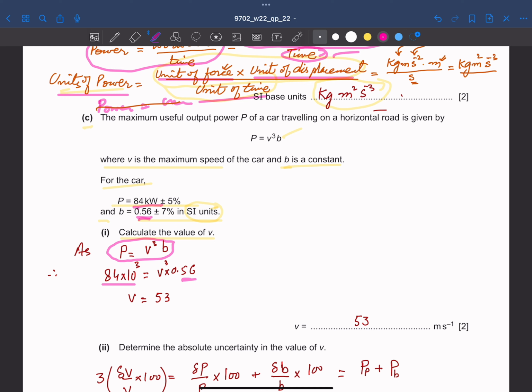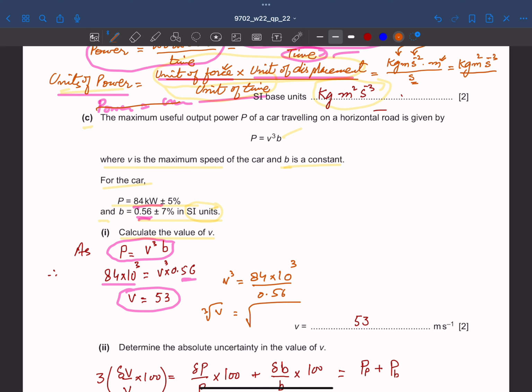So what you get by this calculation is V equal to 53. Of course, you have to write an intermediate step as well, that V cube is equal to 84 into 10 to the power 3 divided by 0.56, and then of course the cube root on both sides will give you this result.